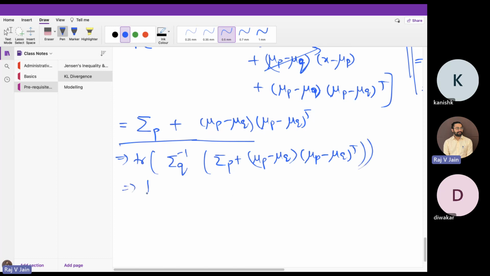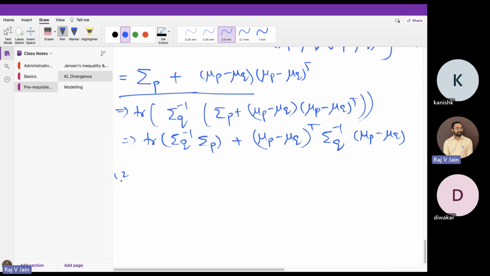So this becomes trace of sigma Q inverse sigma P, plus again trace of sigma Q inverse of this. I can reapply the trace thought process and get it in the form mu P minus mu Q transpose sigma Q inverse mu P minus mu Q. So my second term at the end of the day becomes half trace of sigma Q inverse sigma P, plus half of this.